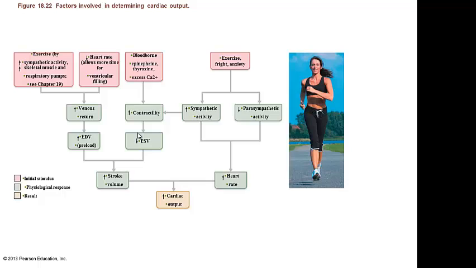So every time this patient's heart beats, every time the ventricle ejects blood, which ventricle? Left. Every time the left ventricle contracts and ejects a volume into the system, this patient is ejecting 70 milliliters of blood.